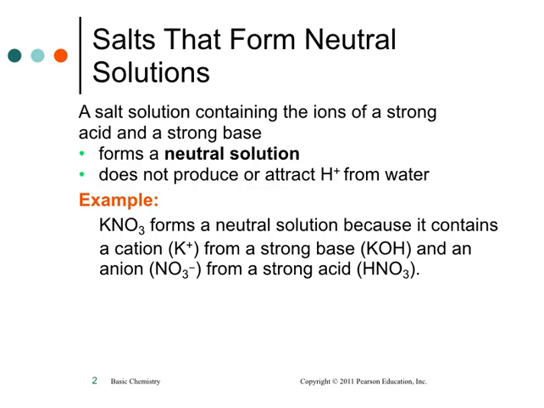So the strong acid, remember, is HNO3 and then KOH. So when you put those together, the water supplies the rest. The water supplies the proton and the hydroxide, and you're going to end up with a neutralization reaction. So you're going to have a neutral solution when you have strong acid, strong base, anions and cations.